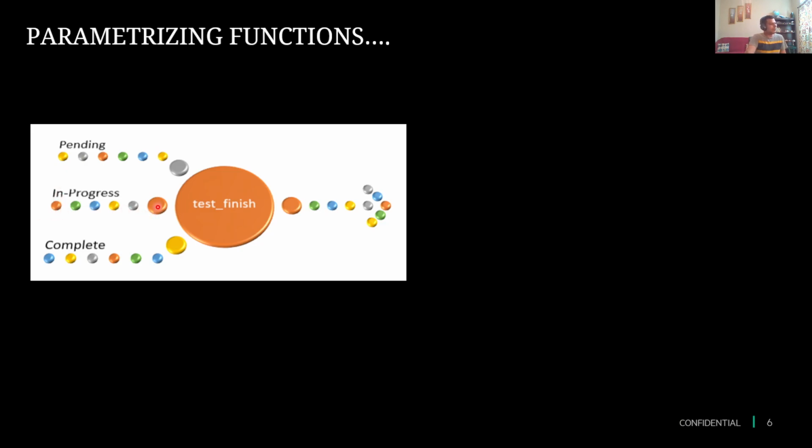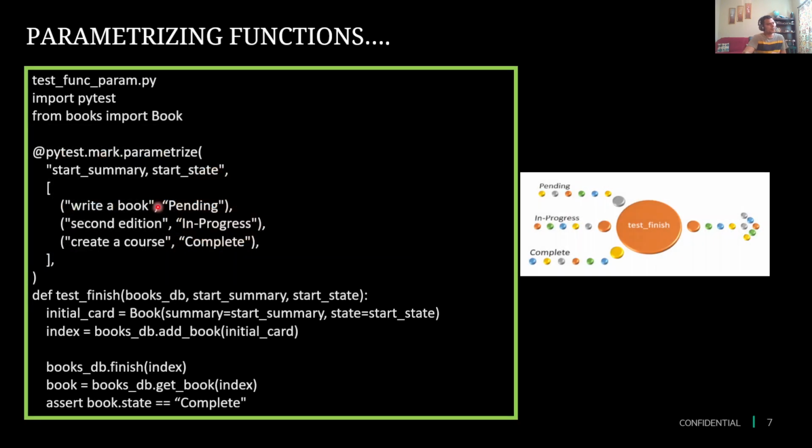So let's see how we can do that. In this one, again, we are using the decorator, but this time we are using a set of data. Each data item has two dimensions, state, summary, and start date, and they have corresponding data.